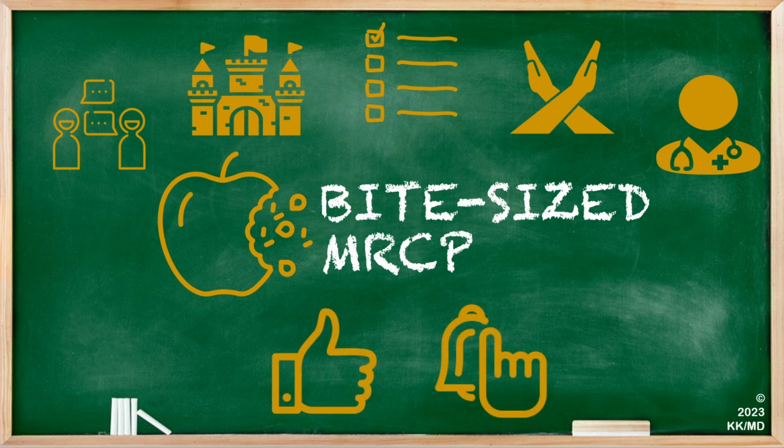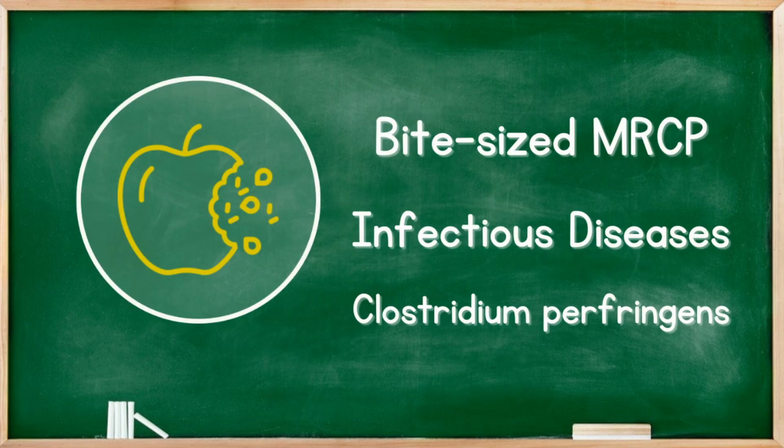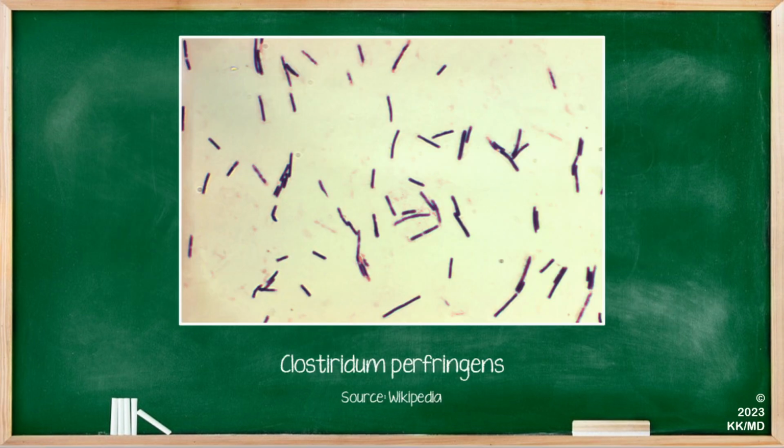Now, without further ado, let's get into today's topic, which is on Clostridium perfringens under the section of infectious diseases. So this is a picture of a slide showing Clostridium perfringens. As mentioned previously, it's not a common question to come as part of the MRCP exams.